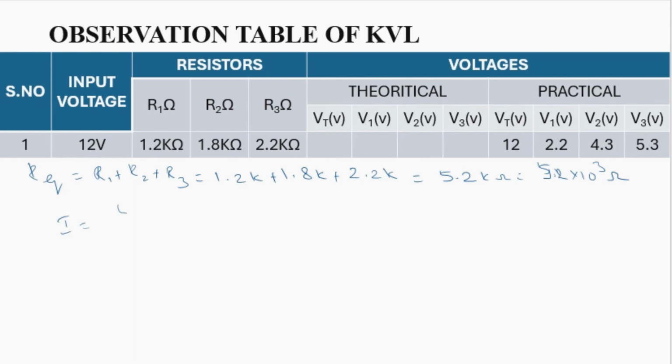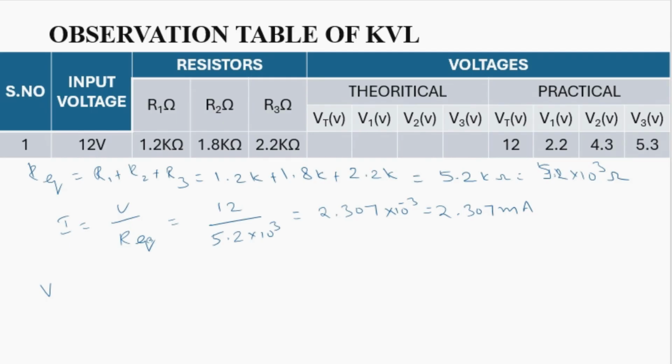I equals V by R equivalent, which is 12 by 5.2 into 10 cube, which equals 2.307 into 10 power minus 3, that is 2.307 milliamperes.